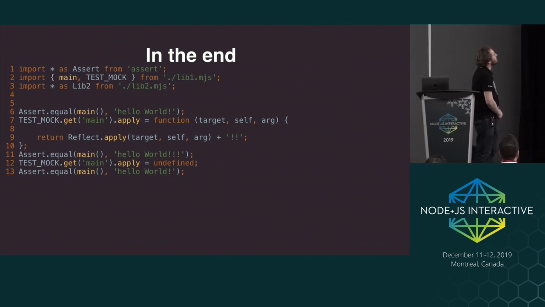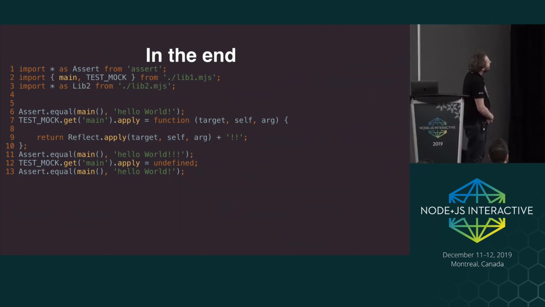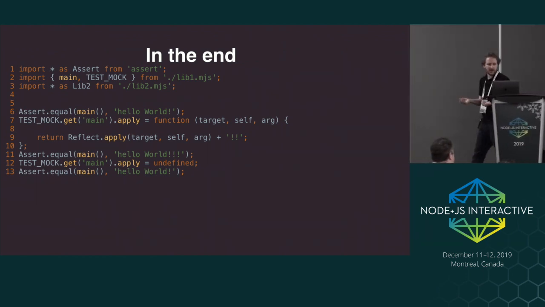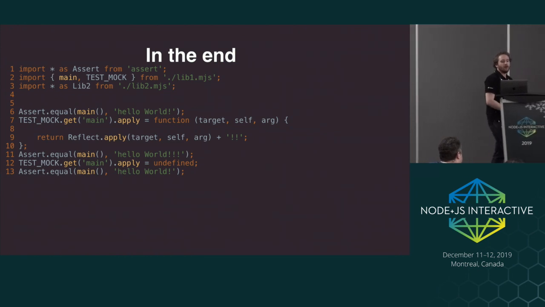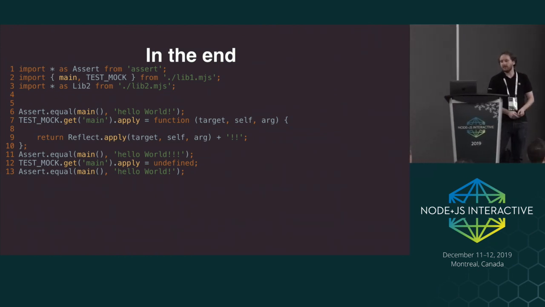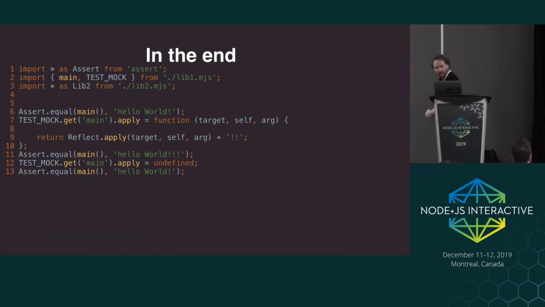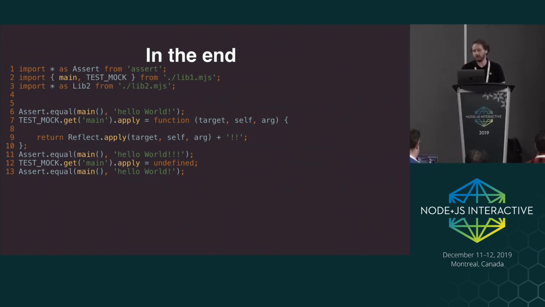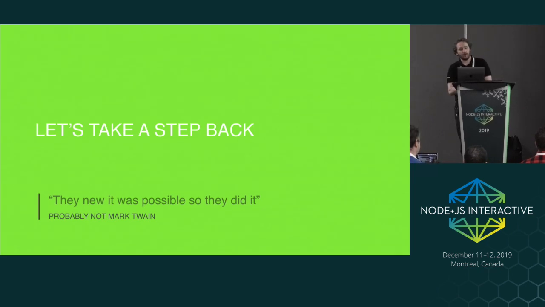I know this sentence doesn't make any sense except in my head. So on line 12, we put undefined in apply, meaning we basically remove the property from the handler, and when we called main in line 13, it shows us hello world bang as expected. So it works, and that's already something.